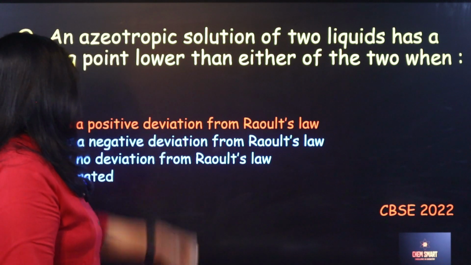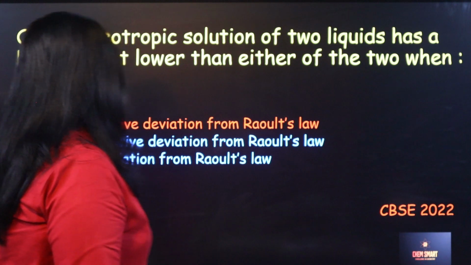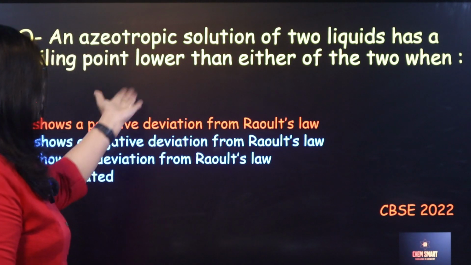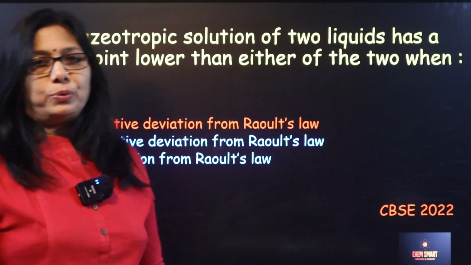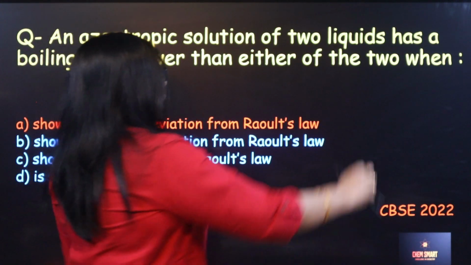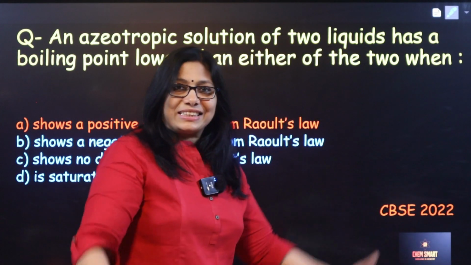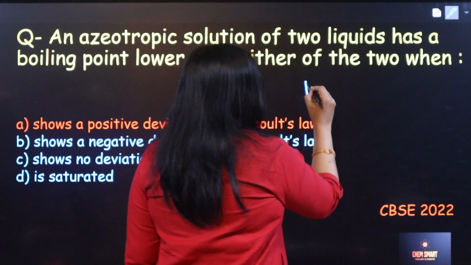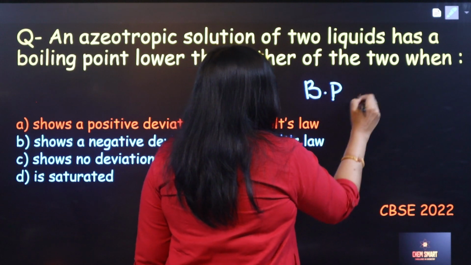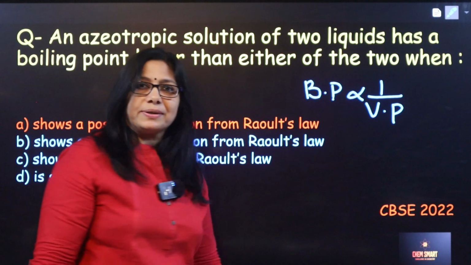So the question is, an azeotropic solution of two liquids has a boiling point lower than either of the two. Boiling point lower. I have told you in the previous sessions that boiling point is inversely proportional to vapor pressure, right?